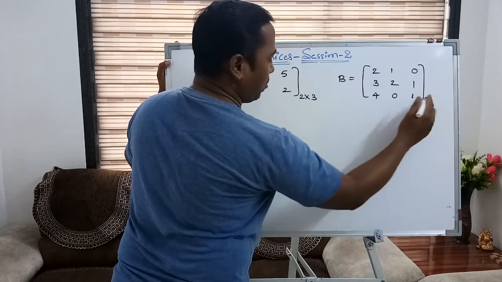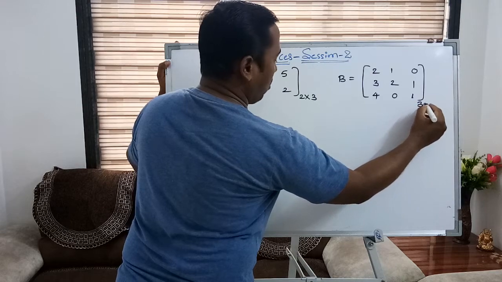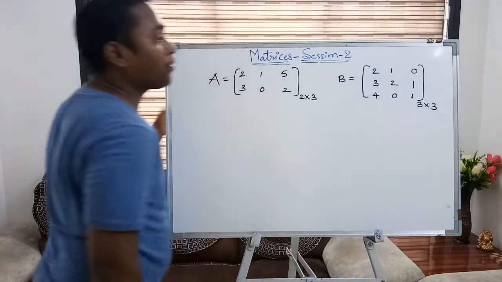Purposely with any entries. So this order is 3 by 3.